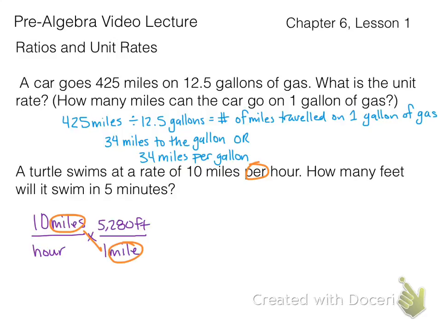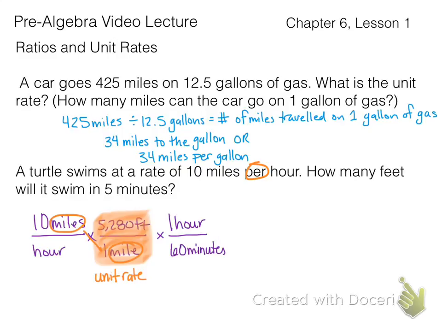Miles over miles equals 1, cancels out. All right, so this is a unit rate because I'm comparing the number of feet to 1 mile. And if you go back to the definition on the very first slide, remember that unit rate is comparing 2 different units, where one of the units, in this case the denominator, but it can also be the numerator because it is a comparison, is 1.